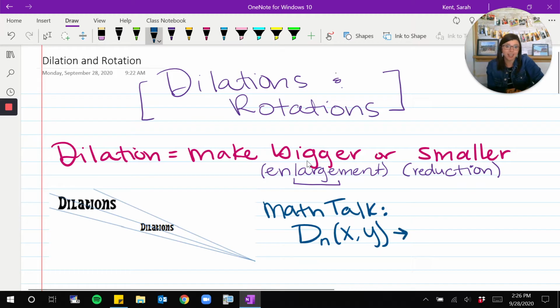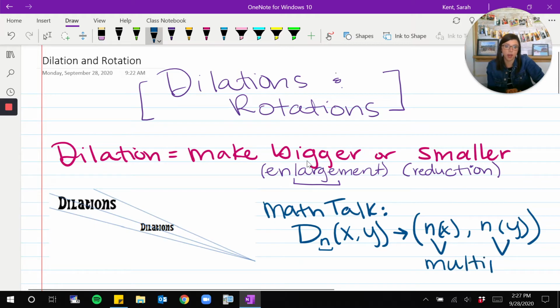All you do for a dilation is multiply each point by this number down here. So for the new one, I would have n times x, and then n times y. And that would get me my new point. So here, all this means is multiply.